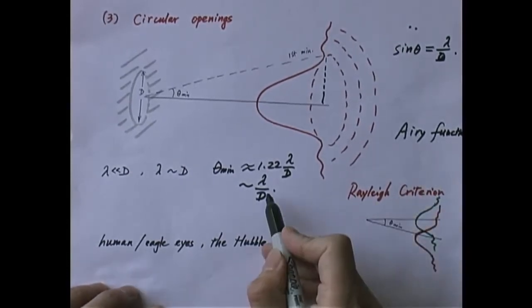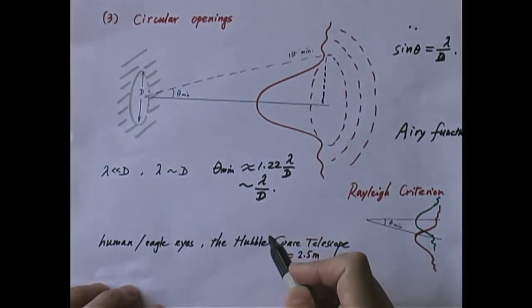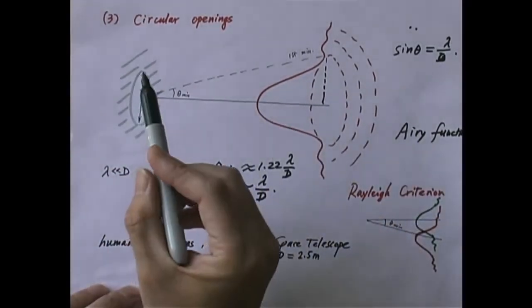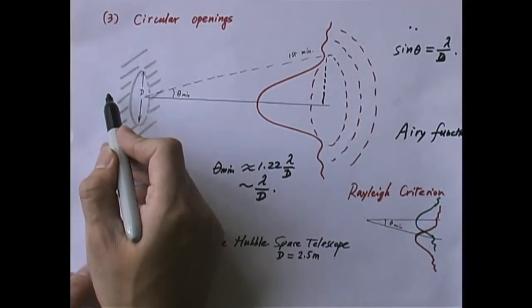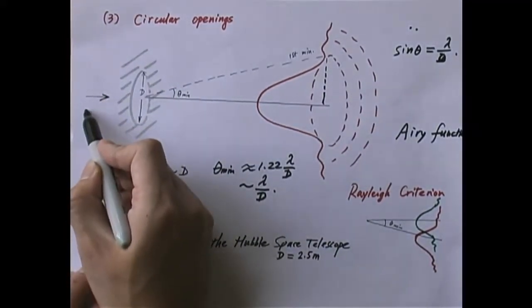Okay, now we can use this expression, theta minimum equals lambda over d, to look at what is the minimum angular separation between two remote stars, such that I can barely tell them apart after they go through this lens. Imagine there is one star casting the beam this way, another star casting the beam that way.